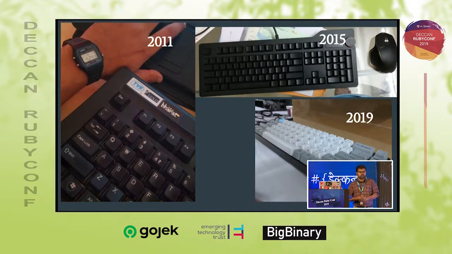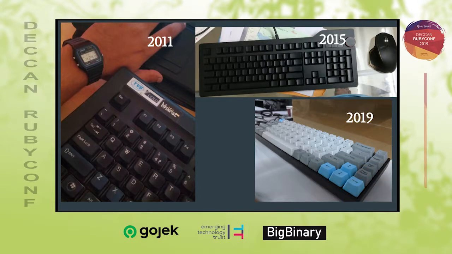It's quite low profile, but it's sturdy and it's mechanical, and you have to use it to get the feel of that. In 2015, I upgraded to Cherry MX Blue, which is pretty loud, but very tactile, and you would love typing on it, and it's also fast. These days I am also trying out Cherry MX Browns. So if you are interested in that kind of stuff, catch me and we will have a talk about that.